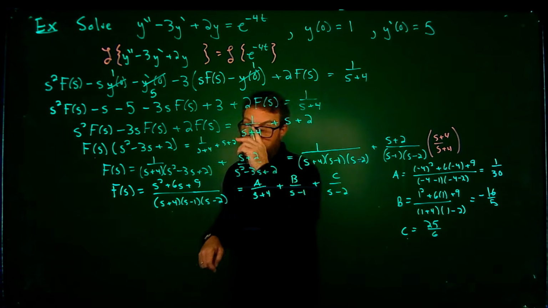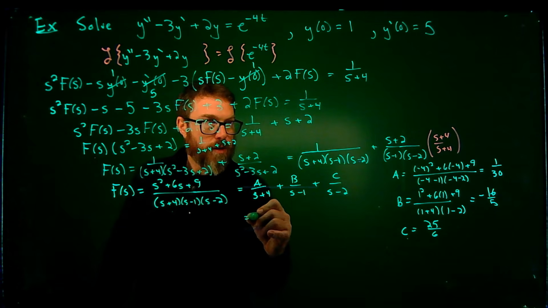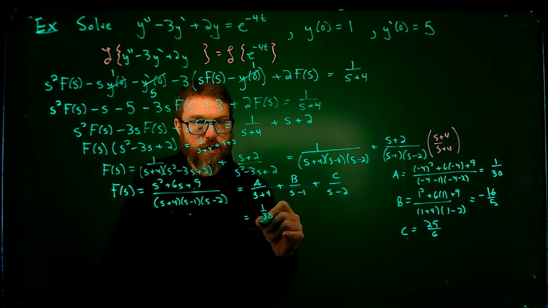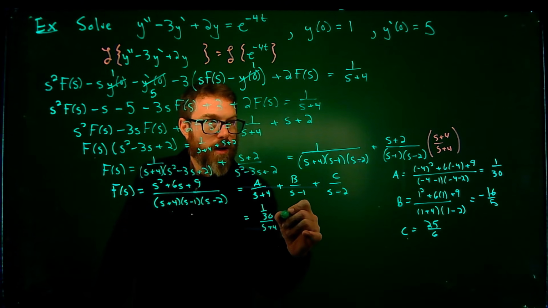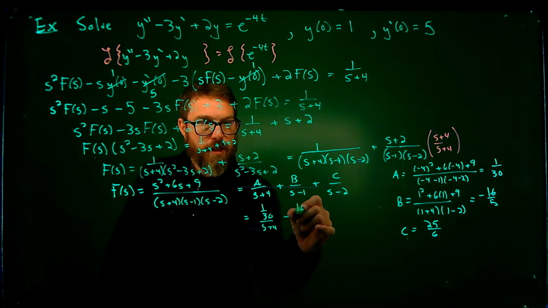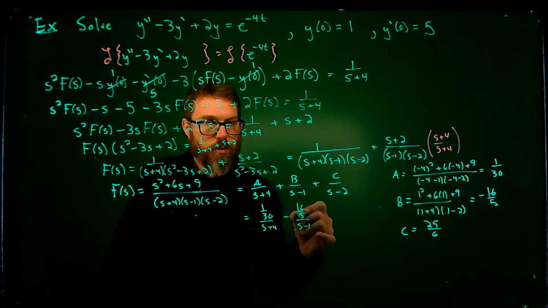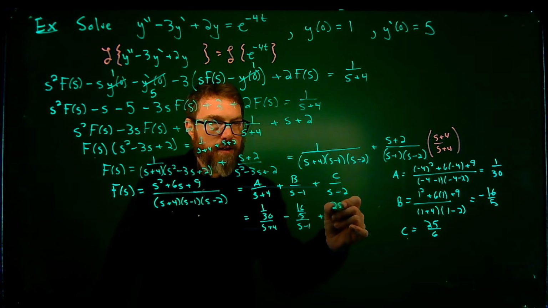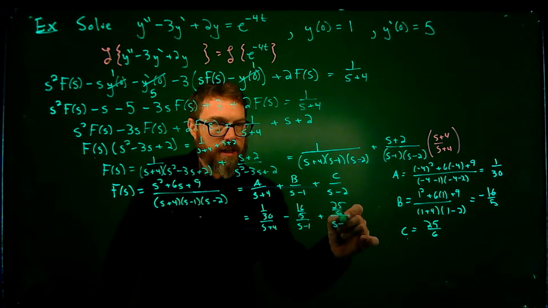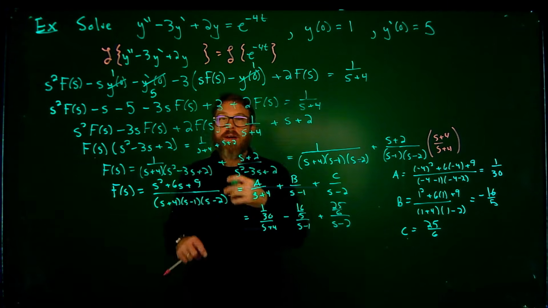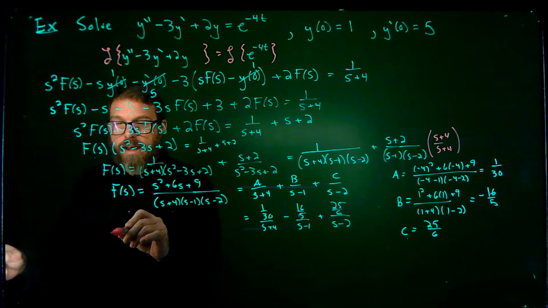Okay, so when we're done with this, we know that this is going to be equal to 1 over 30 times 1 over s plus 4, minus 16 over 5 times 1 over s minus 1, and then plus 25 over 6 times 1 over s minus 2. Now, I know that I'm going to have to take the Laplace inverse of both sides, so let's do that.